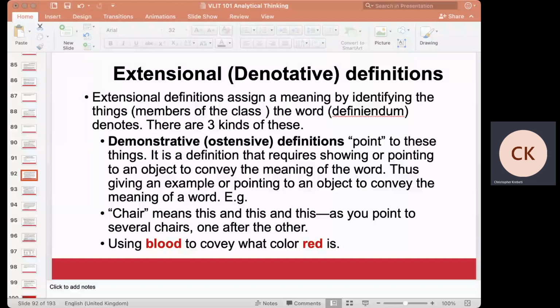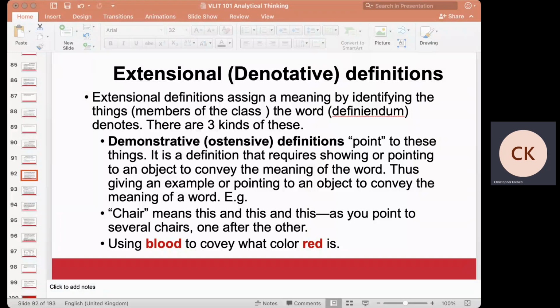Now, for example, if we're in an in-person class and I was teaching you about something, and I decided to demonstrate it by pointing at it, then I am demonstrating. We call it ostensive definition.